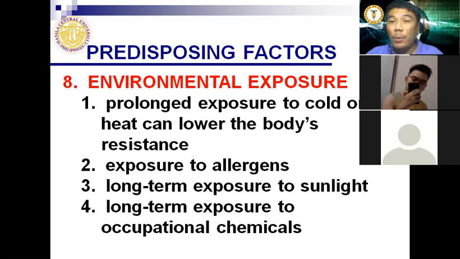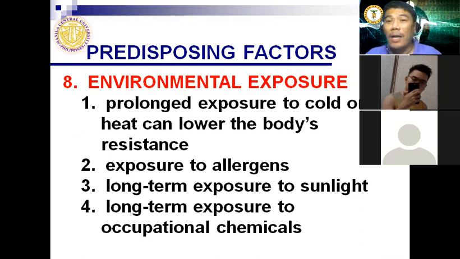Why? Because too much exposure to heat may increase the sympathetic response of the body. And with that sympathetic response, the client may have increased metabolic rate and increased perspiration as fluid loss. And the fluid loss may cause electrolyte imbalance. And the electrolyte imbalance itself could be evidence that may lead to the possibility of heat stroke.